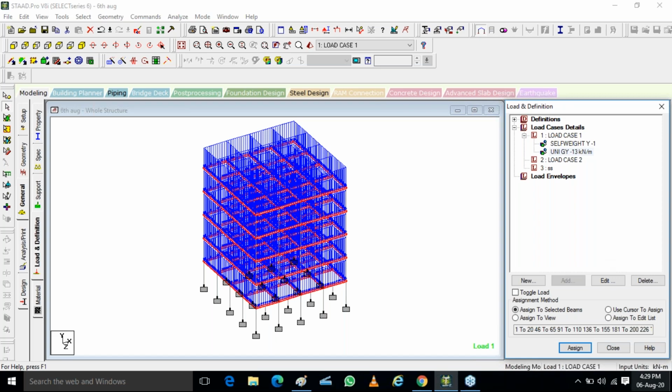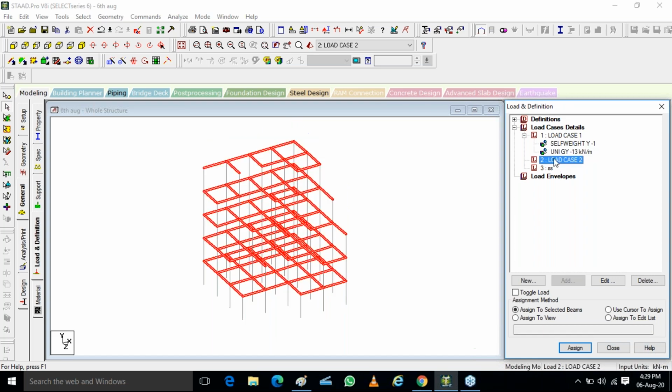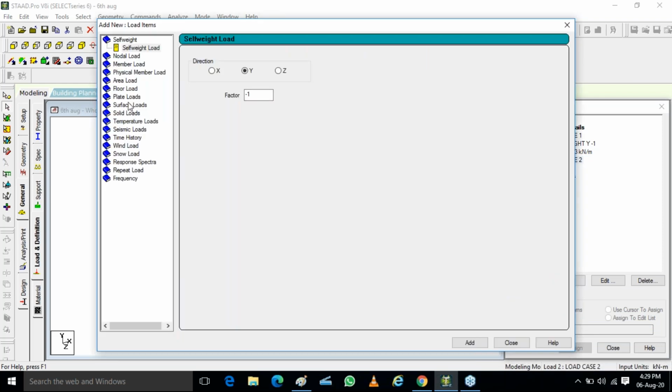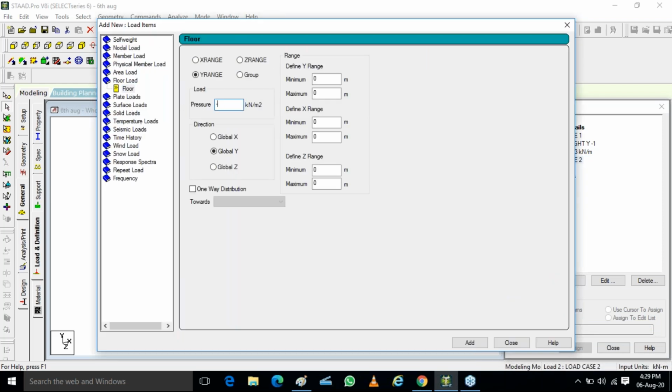Now after adding loads, I'll go to my live load. In live load, I'm going to define only my floor load right now, which is minus 2.5, as I defined earlier in my seismic zones.